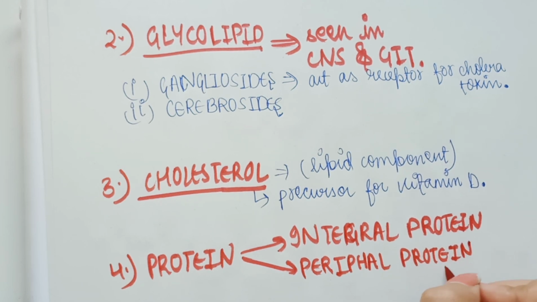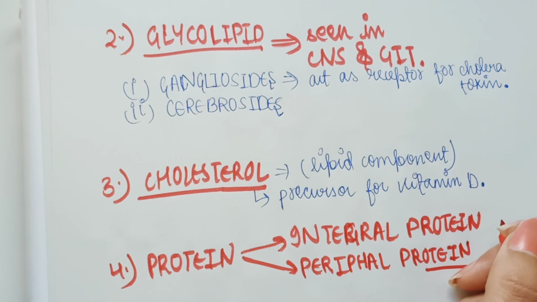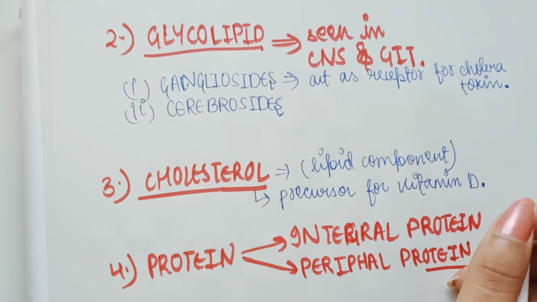Peripheral protein is attached to the outer side of the cell membrane, and integral protein goes across the membrane. So this is all we discussed. Cell membranes are involved in a variety of cellular processes that I told you in the functions: cell adhesion, ion conductivity, and cell signaling.